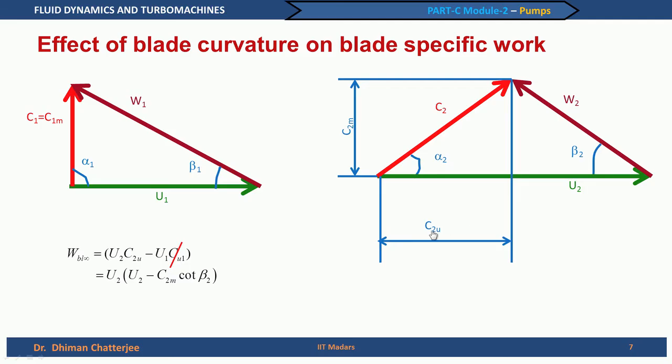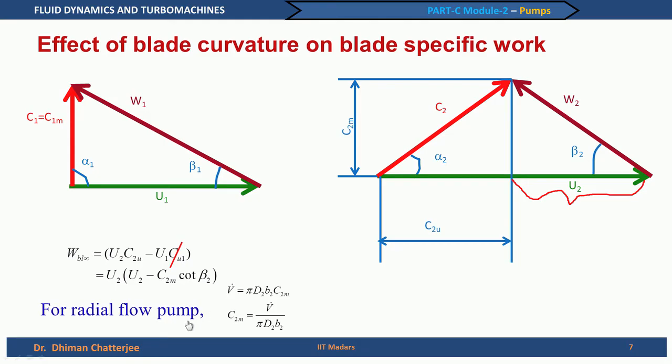Now, look at the outlet velocity triangle. This is the C 2 U and this is U 2. This is C 2 M. Hence, what happens is this distance is nothing but U 2 minus C 2 M cot beta 2, and hence once we replace C 2 U by U 2 minus C 2 M cot beta 2, we get in terms of U 2 and C 2 M. Now, C 2 M, or for that matter C M, is related with the volume flow rate.